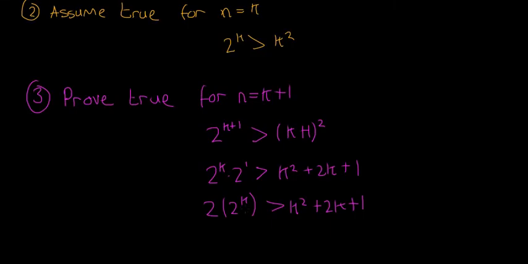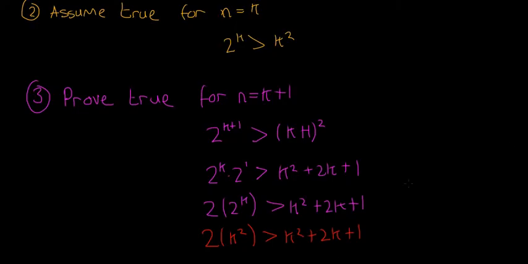So the way to do it is, since 2 to the power of k is greater than k squared, we're going to sub k squared into this equation for 2 to the power of k. So I'll write that. It's going to be 2 multiplied by k squared is greater than k squared plus 2k plus 1.